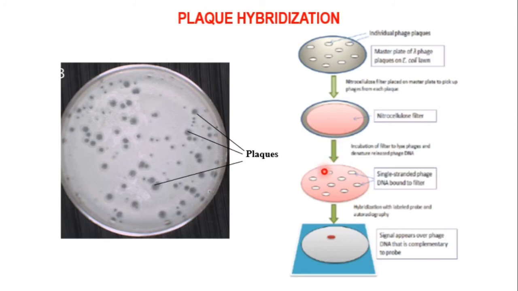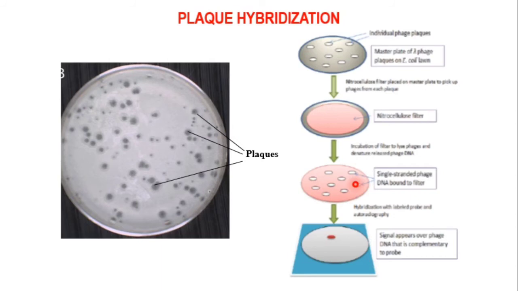Here you can see this is the nitrocellulose membrane, and these are the areas where the single stranded phage DNA is bound. Onto this we'll add radio labeled probes. In the previous class on colony hybridization, I told you that probes are labeled oligonucleotides, highly specific to the target DNA.